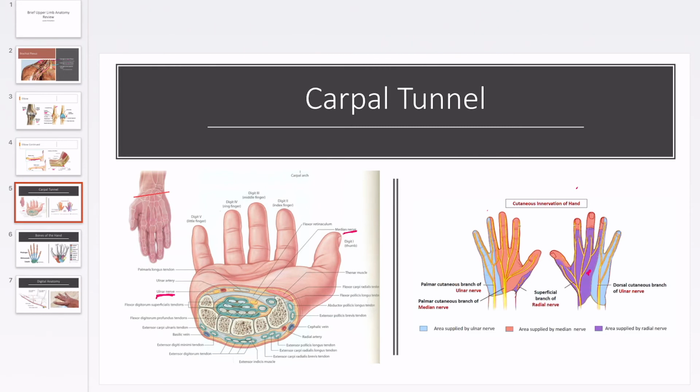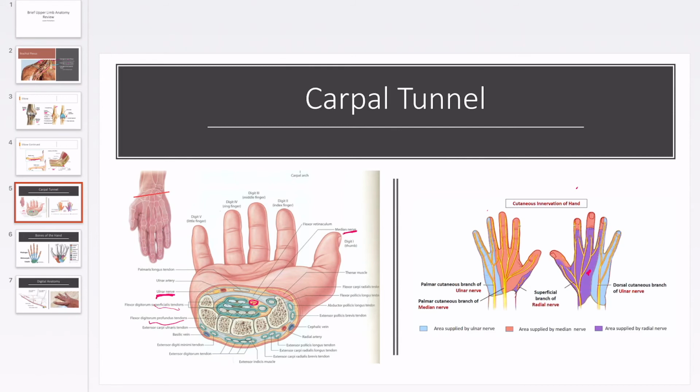So an important thing to note is carpal tunnel syndrome. You can see this is our median nerve here, and it's in there with a lot of stuff. You've got your flexor digitorum tendons, your superficialis, your profundus. You have a lot, and that's all held in place by this flexor retinaculum, which is also called the carpal ligament.